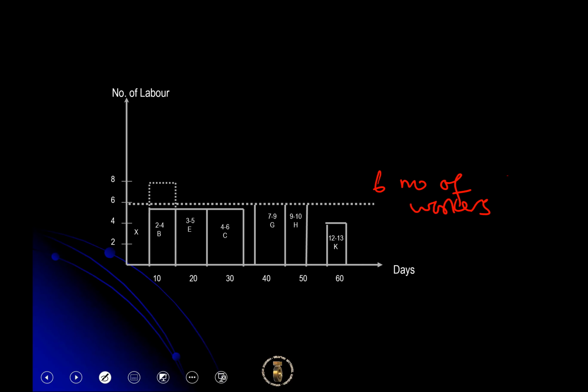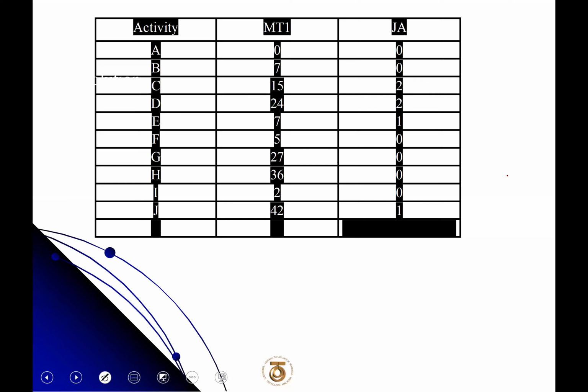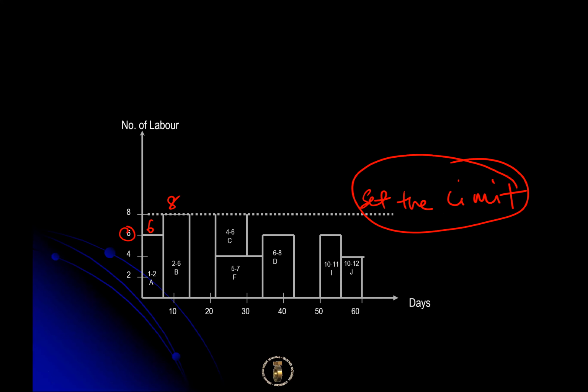You notice B requires 8 persons, but the available persons is only 6. Then B has to be extended. Some portion of B will be working here if there is space here. If there is no space around, this activity will be pushed forward.